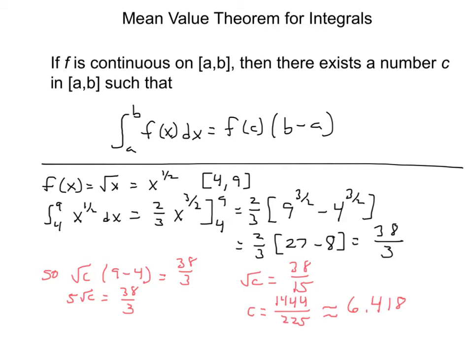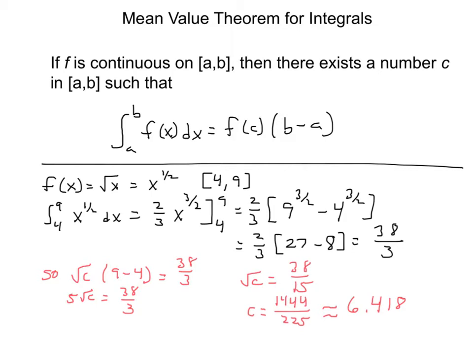Now that should make sense that that's possible because we know that we have a lower sum where the curve is over all the rectangles and an upper sum where the curve is inside all the rectangles. Well, if there is an upper sum and a lower sum, there's got to be one way that I can go through and get the correct answer exactly. And that's what we're saying here.